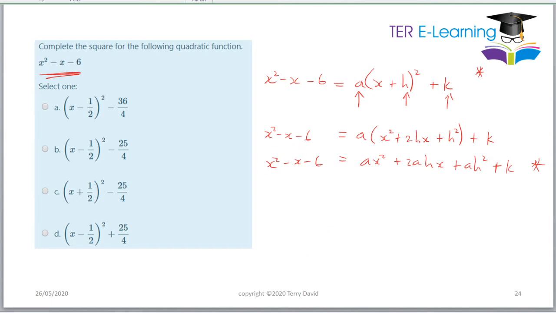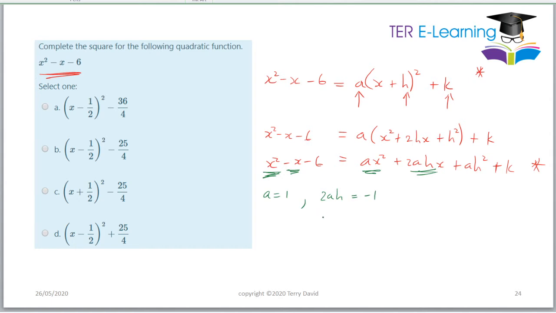If we equate the coefficients, this is how I taught you to do it in class. We have x squared here and ax squared here, so comparing coefficients, a is equal to 1, right? Then we look at the x terms. We have minus x on this side, but 2ahx on the other side. So 2ah is equal to minus 1.